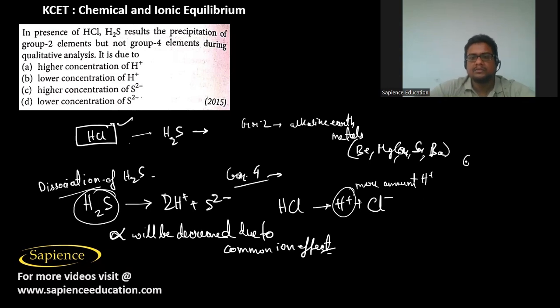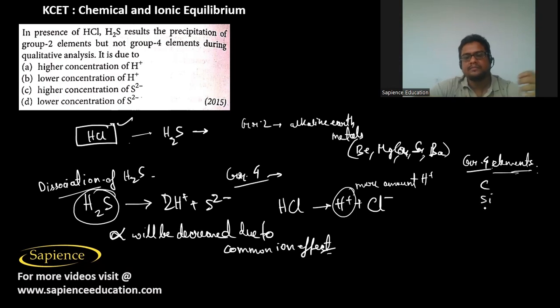Group 4 elements, it means that it is the carbon, silicon, and all that.